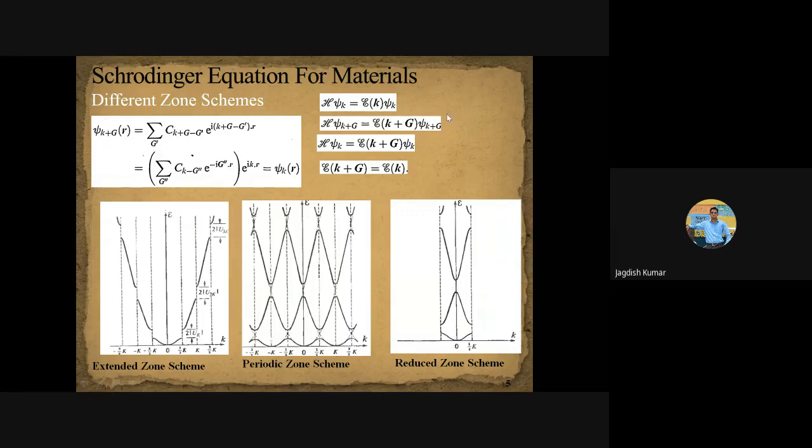So the whole information can be represented only in the first Brillouin zone. That is why in most cases, wherever you see the band structure and such representations, they are always represented in the first Brillouin zone. We don't go to the higher Brillouin zones because it can completely represent everything else. I mean, higher Brillouin zone information can also be represented in the first Brillouin zone. Is this clear or not? I mean, is this okay, Sudesh?